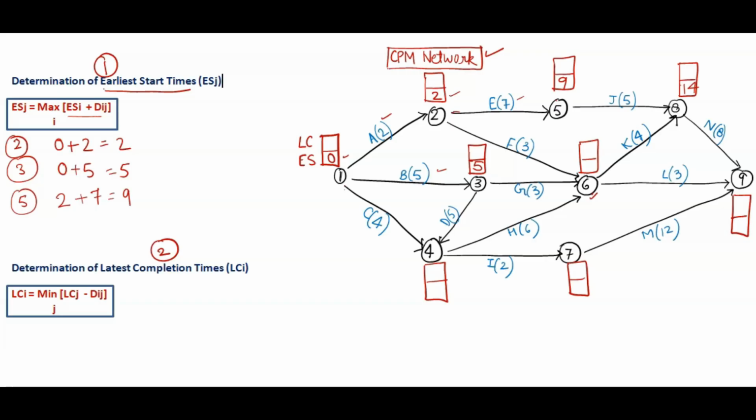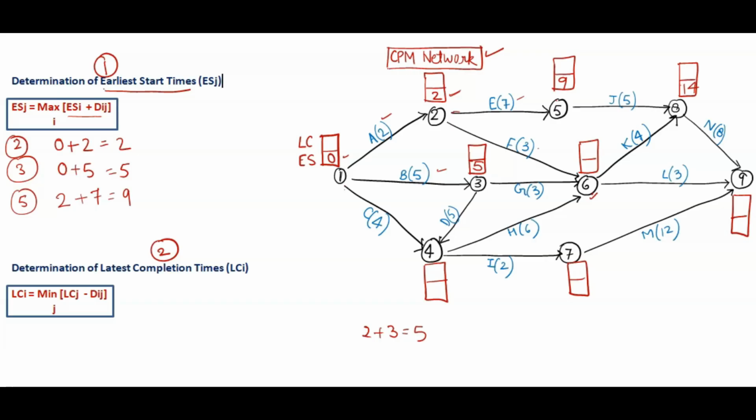For F activity, from 2 to 6 node, from 2 we have ES 2 plus 3, so it will be 5. Then for the 6th node we will have ES as 5.